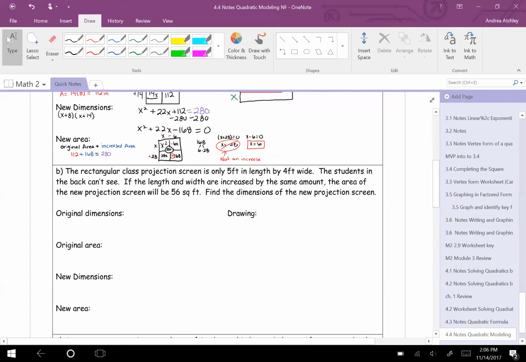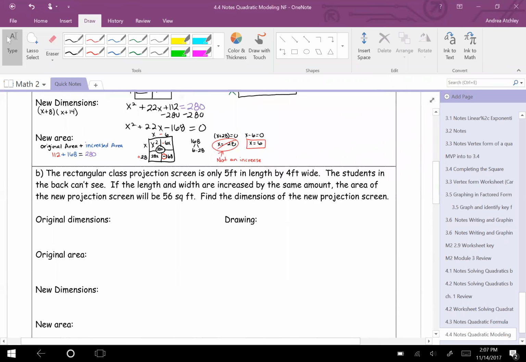Okay, you guys read through it and underline what you think is important. Okay, Hibba, what's something you underlined? The rectangle.